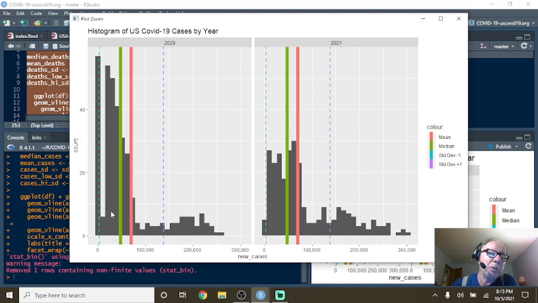The x-axis is the number of cases, and each column represents a count of the number of times that case count appears. So again, this is the cases.